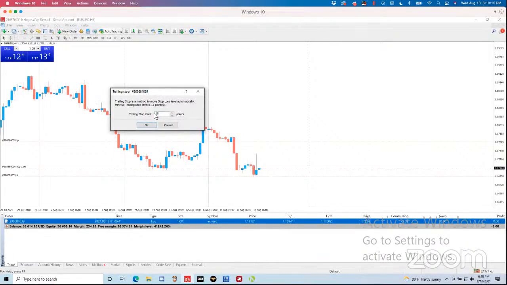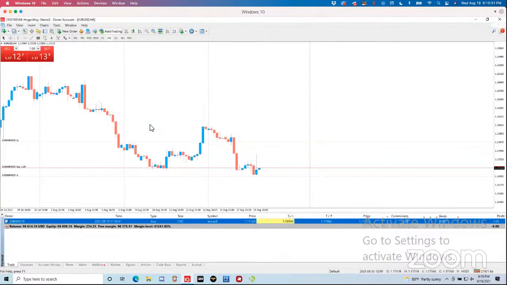and 15 points is only 1.5 pips. So 150 points is 15 pips, right? So this is automatically going to move my trade to break even as soon as I get 15 pips in profit.